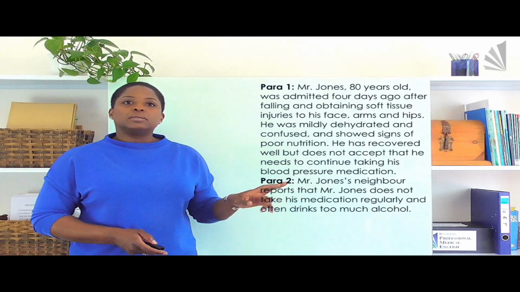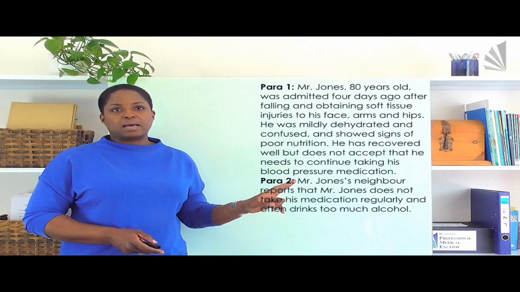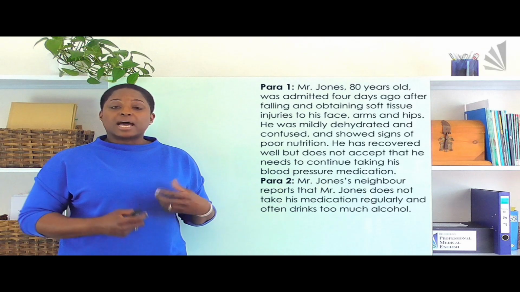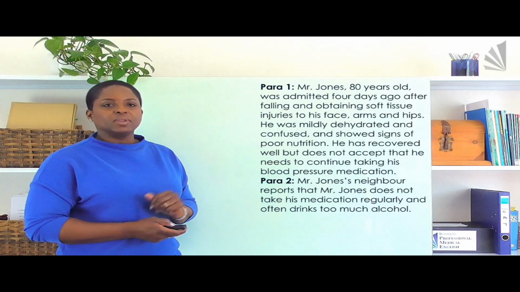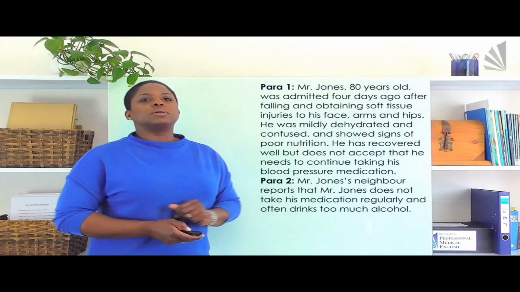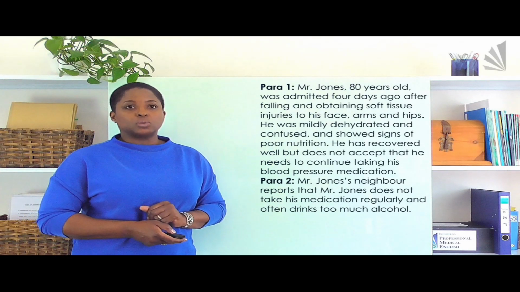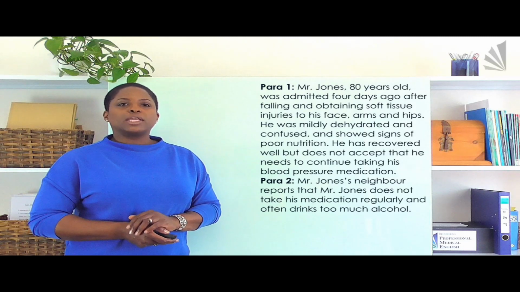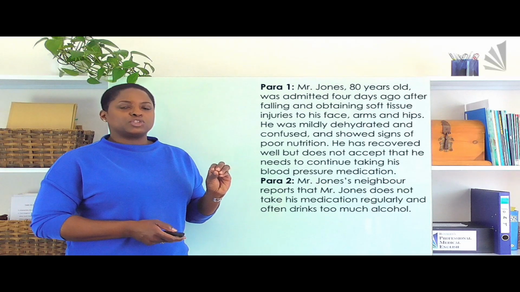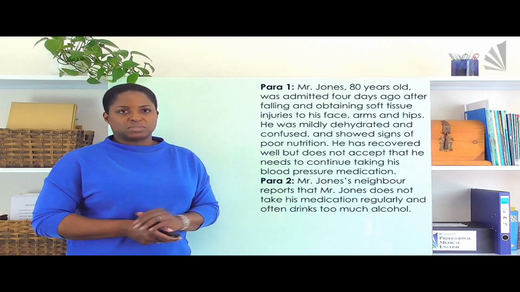So going back to the unrelated example of paragraphing that we met way back in Module 1, Paragraph 1. Mr. Jones, 80 years old, was admitted 4 days ago after falling and obtaining soft tissue injuries to his face, arms, and hips.